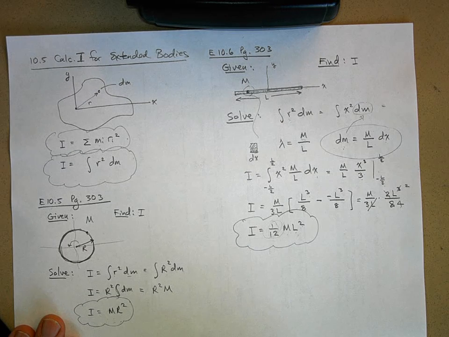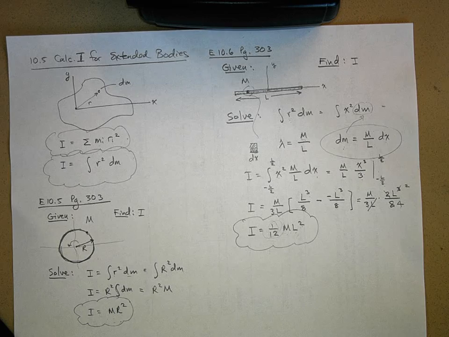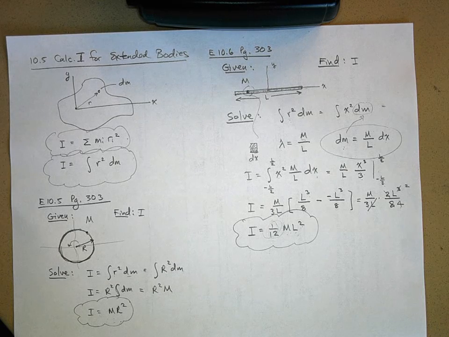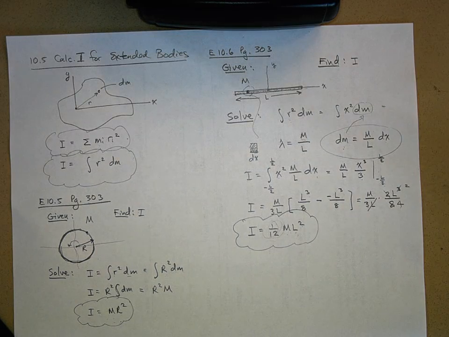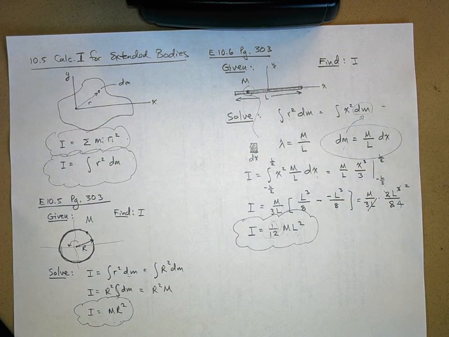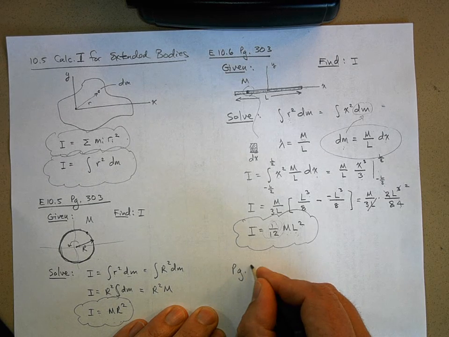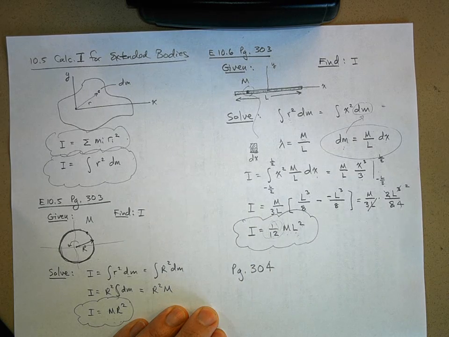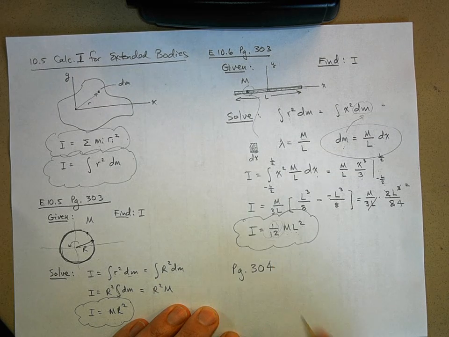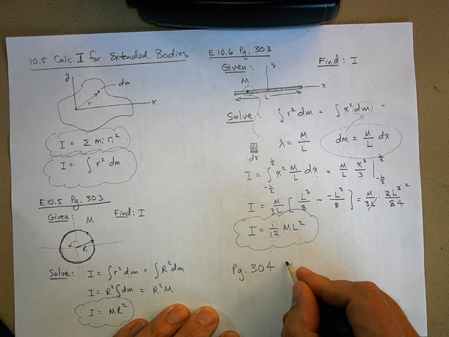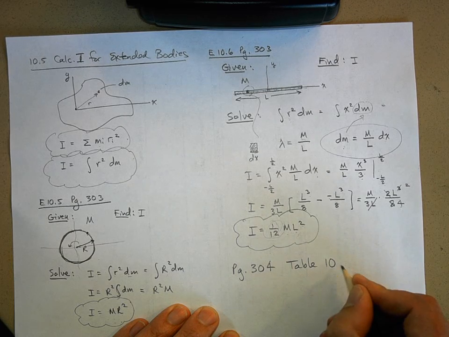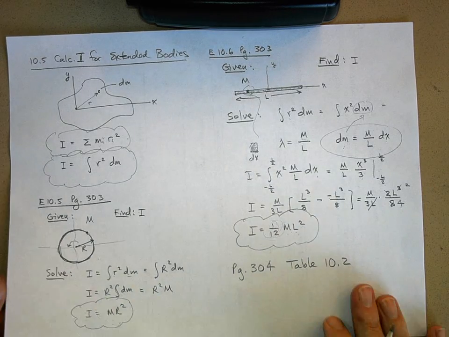Okay? So what you're going to do in the homework then is go through the example 10.7, which gives you the result for a cylinder. I'm not going to take the time to do that right now, but if you look on page 304, you have table 10.2, and they've done a lot of the work for you.